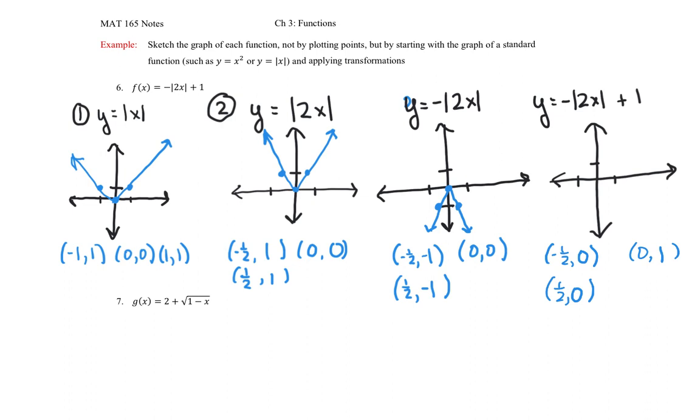And then from here, we'll go ahead and plot our graph. And there's a rough graph with our transformations applied.